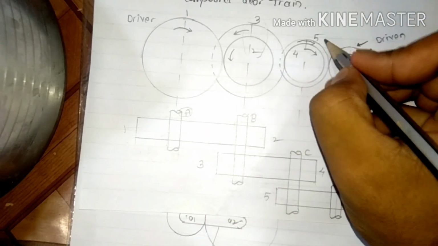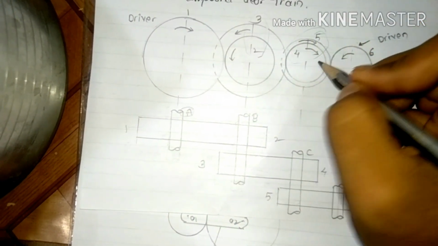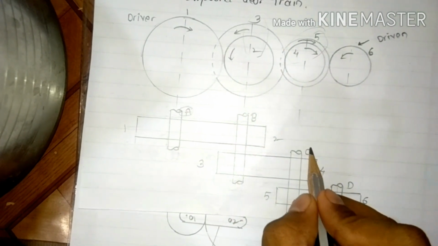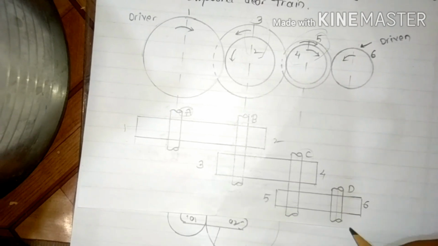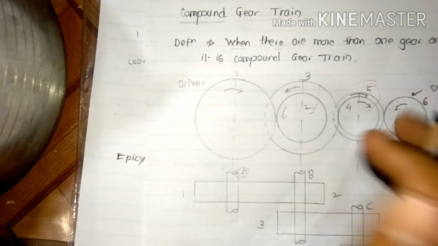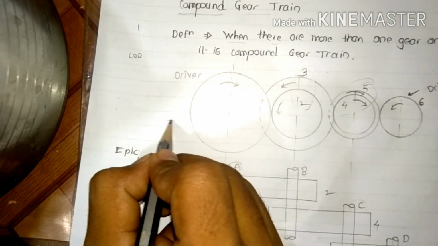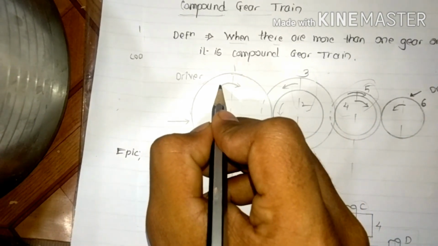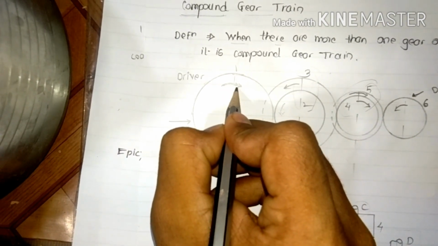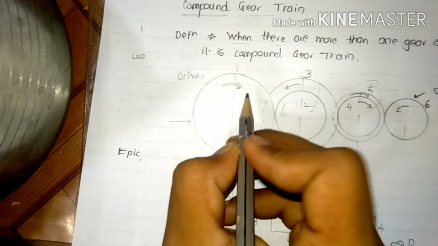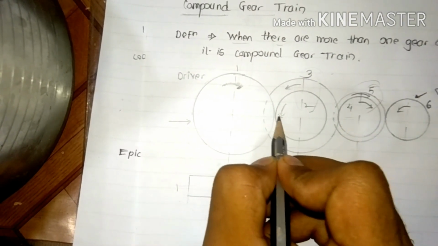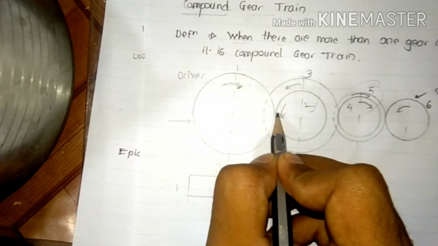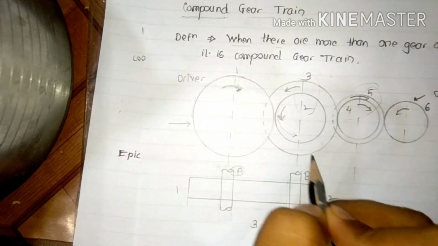Here we have another compound gear, 4 5, which is mounted on shaft C, and here we have the last gear, the driven gear, which is mounted on D. If we transfer power, this gear will rotate in the clockwise direction, and because it is meshing with compound gear 2, the compound gear will rotate in the anti-clockwise direction.